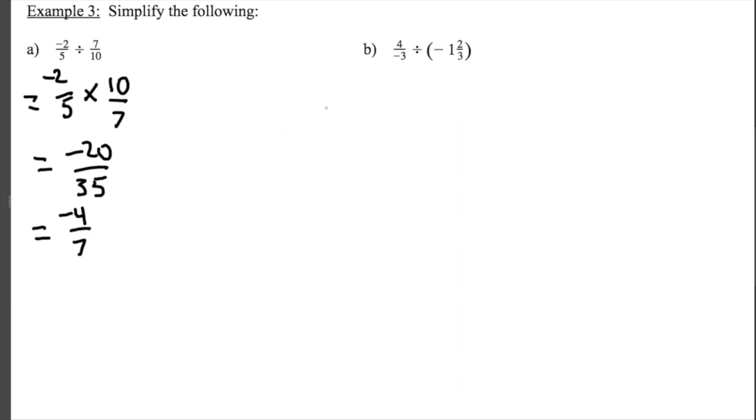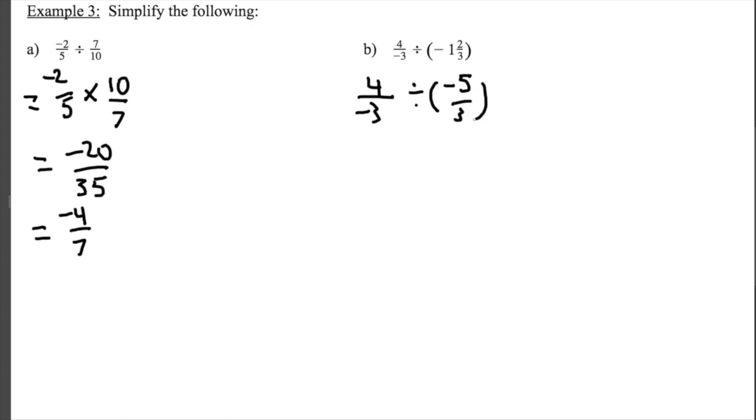Alright, and then for the next one, we have b. So again, we have 4 minus 3. We do need to change this into an improper fraction. So this is actually going to be 3 times 1 plus 2, so it's actually negative 5 over 3.